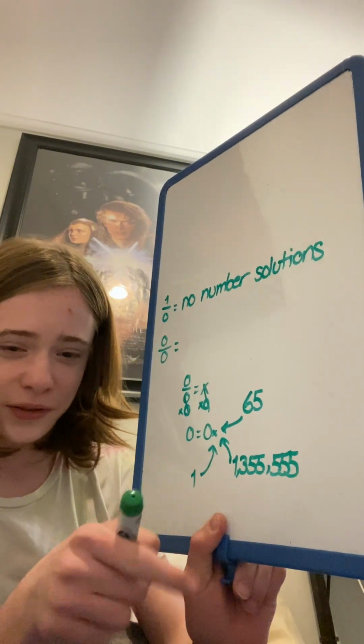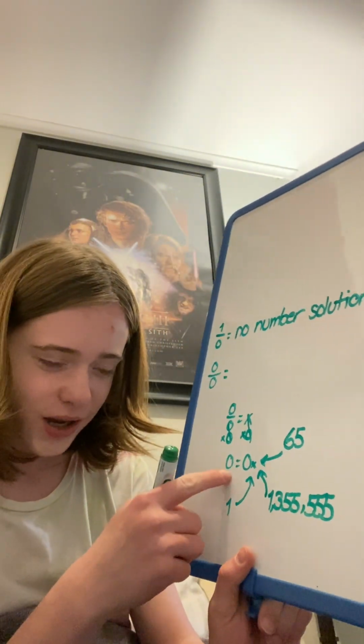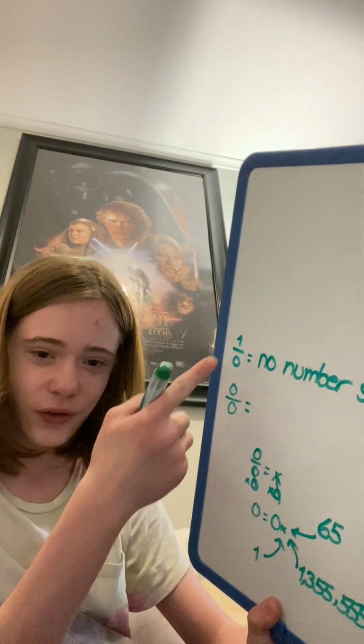Even if you plugged in 1,355,555, it would still make this thing true. This thing can have any solution. Like, this can have any number to be true. So it's the complete opposite of this one. So this has an infinite number of solutions.